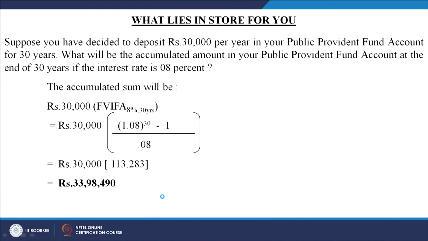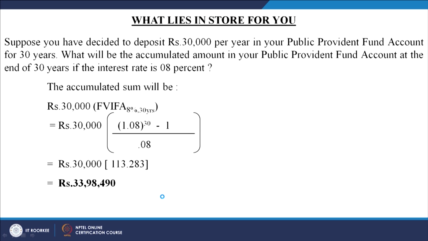For example, what lies in store for you? This is the first application. How can you answer this question? Suppose you have decided to deposit 30,000 rupees per year in your Public Provident Fund, PPF account, which is very common.